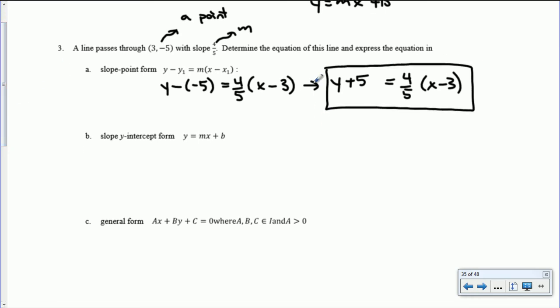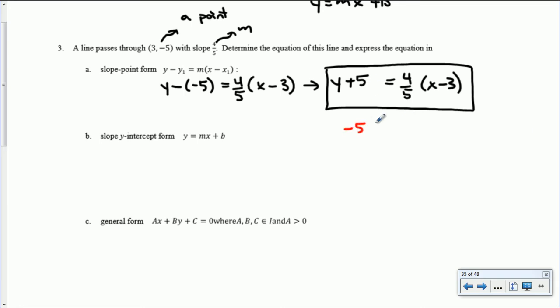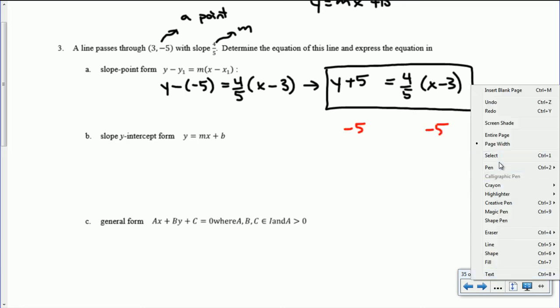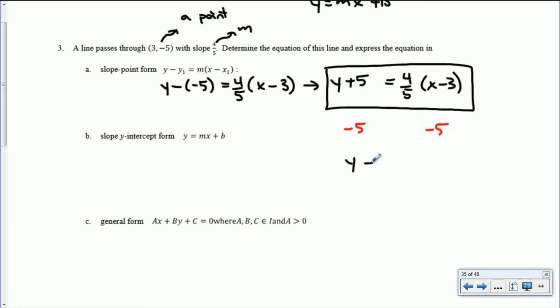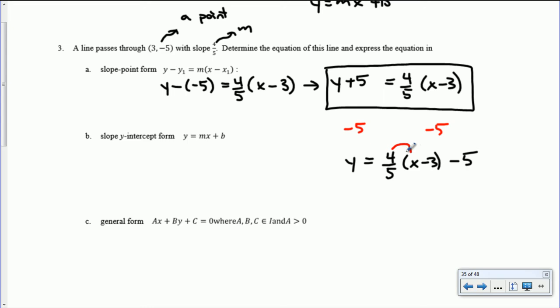If I want to take that into slope y-intercept form, I just need to get y on its own. So from here, I would subtract 5 from both sides, giving me 4/5 times (x minus 3) subtract 5. So it might be helpful for me to distribute this into each thing there. So that would be y equals 4/5 x minus 12/5.